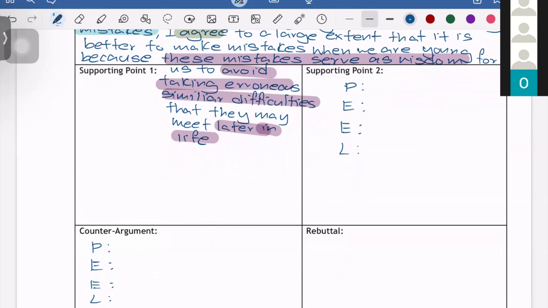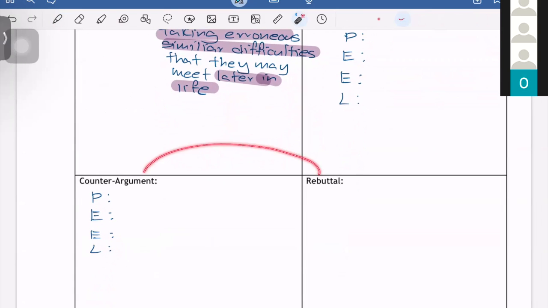Rebuttal is like your third supporting point, but we call it a rebuttal because this rebuttal should be countering your counter argument.